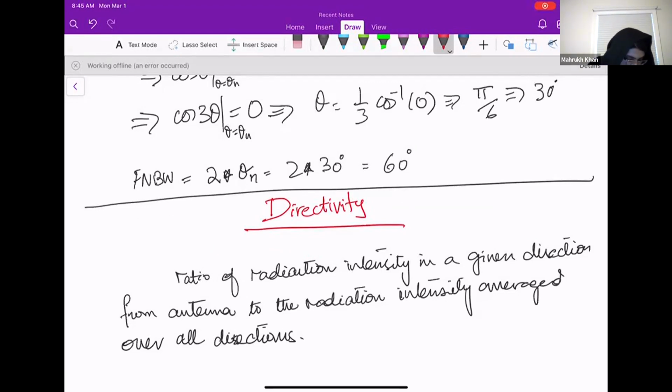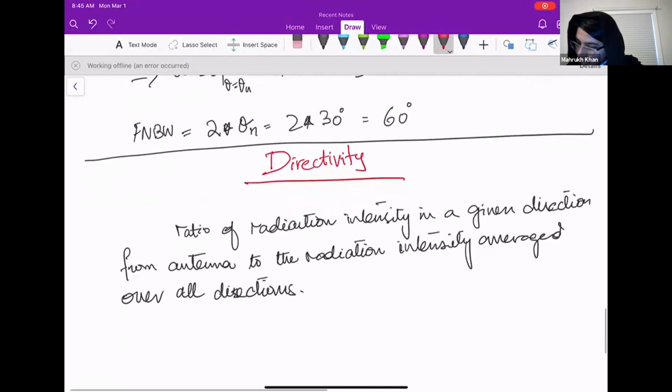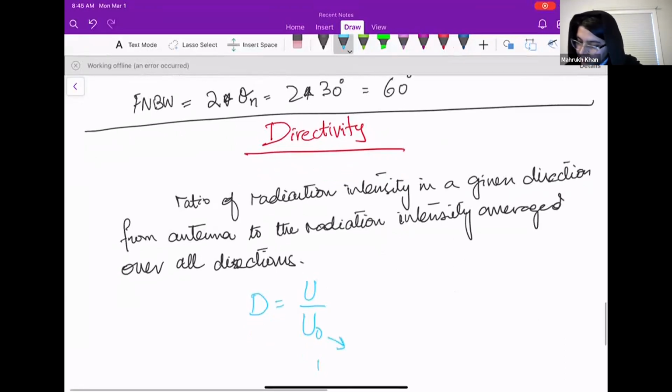Okay, so directivity is, in other words, if I write it in mathematical terms, it is U over U naught, where U naught is the radiation intensity of an isotropic source, because that is the radiation intensity averaged over all directions.